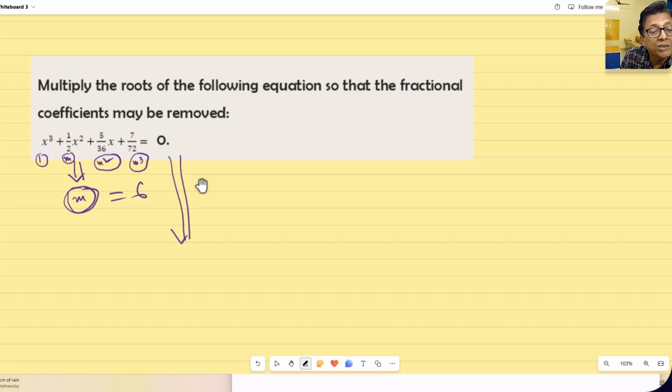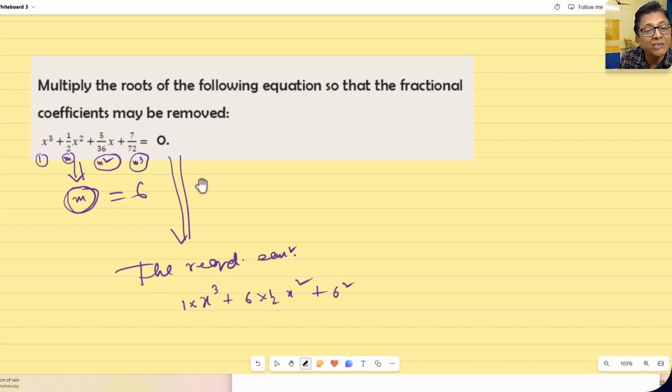The equation will be x cube, 1, I am multiplying by 1. This one by 6. This one by 6 square. This one by 6 cube.